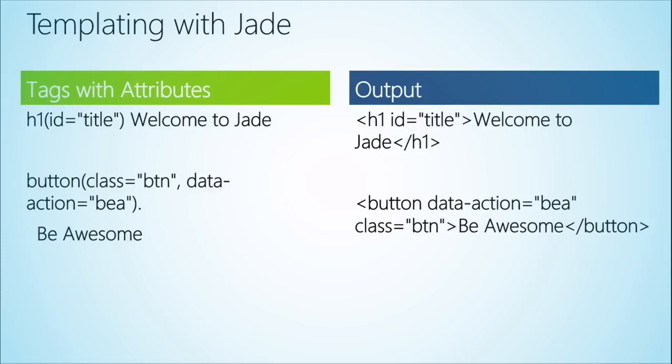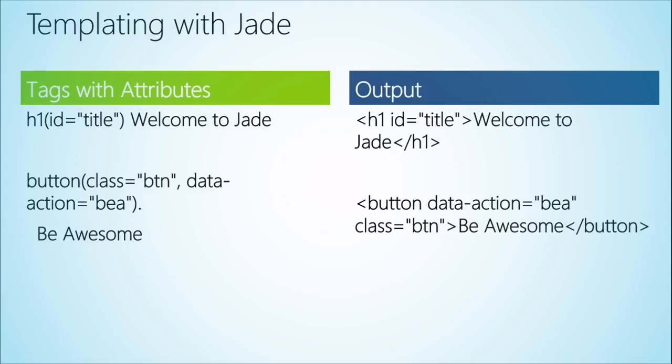And then it's Welcome to Jade. The text that you normally would put in between the node just comes after it. And then any attributes go within those brackets. So id equals title. And then you've got the text, once again hard-coded. Maybe we want to switch that out. Maybe that's something that's going to be coming from a database at some point. But you can see the output there.